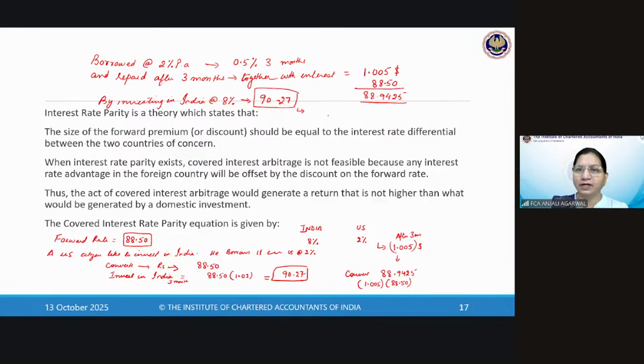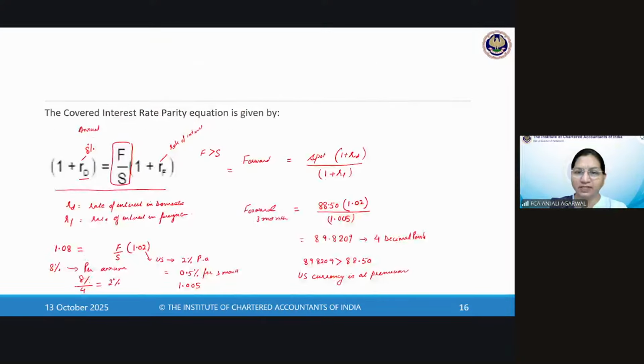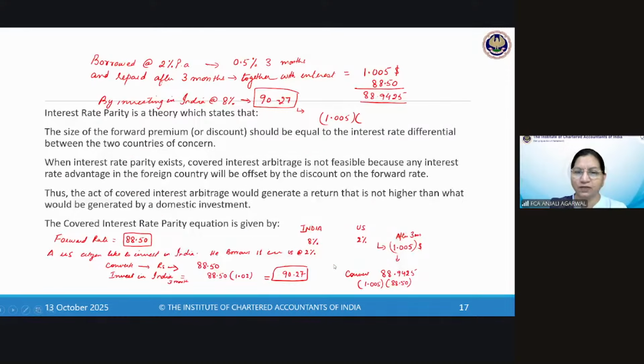Now, instead of 88.50, if we multiply the 1.005 with the forward rate we just calculated, 89.8209, you will end up getting exactly 90.27, which means either you invest $1 in the US or you invest 88.50 in India, you end up having the same results, right?